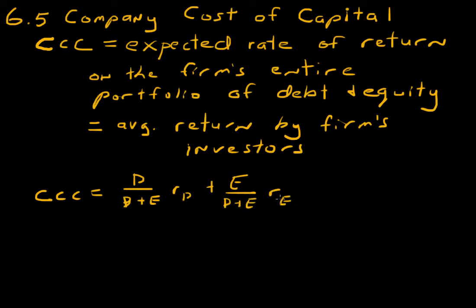That should be pretty straightforward. A little more on notation: debt over the total value of the firm we'll call the debt ratio, and similarly, the equity share is the equity ratio.